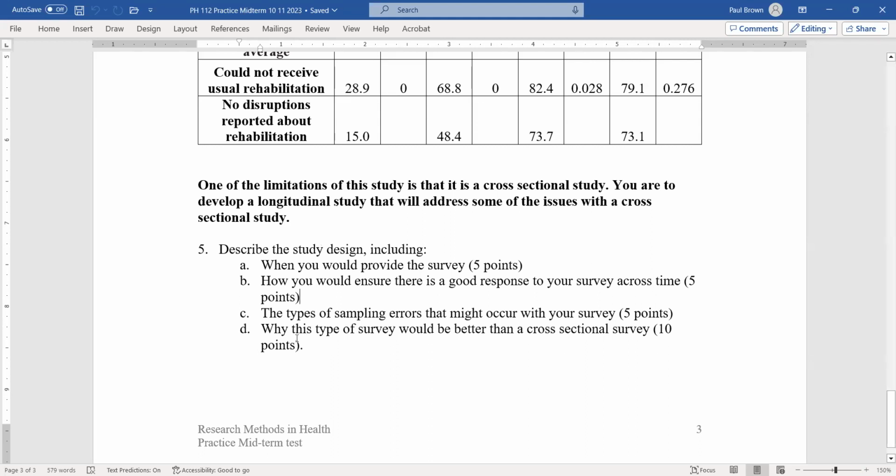So why is this type of survey better than a cross-sectional survey? What can you do in the longitudinal survey that you have trouble doing in a cross-sectional survey?